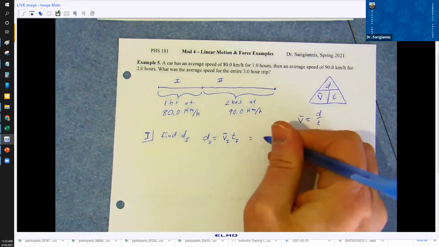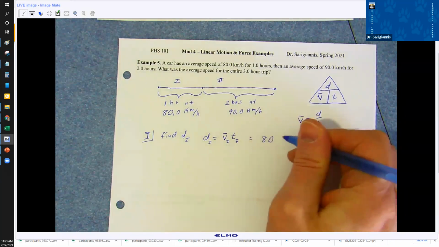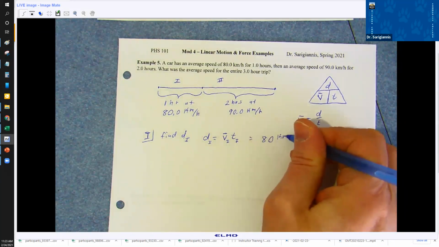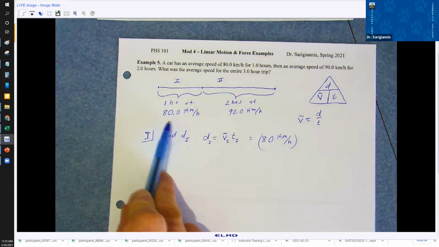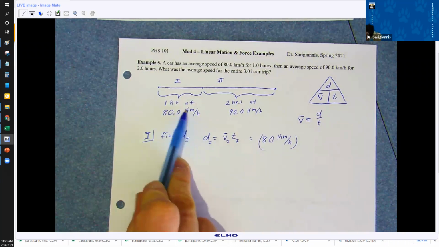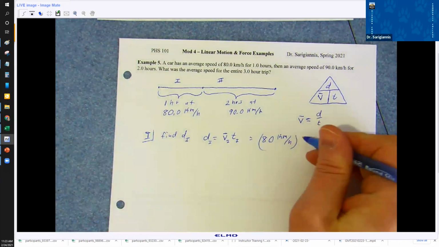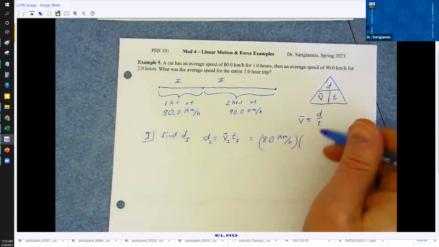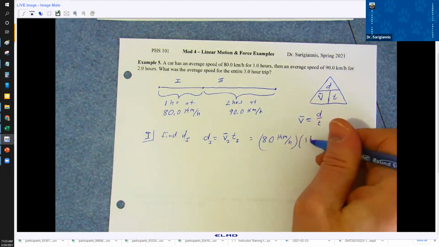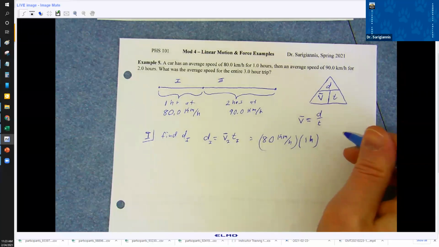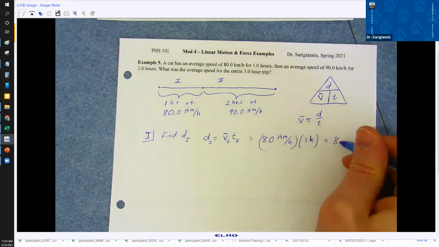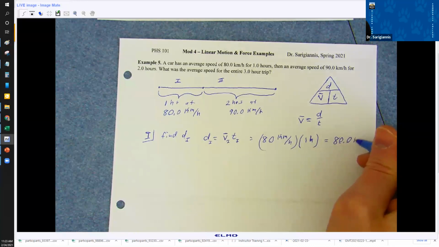This is 80 kilometers per hour. Oh, and one thing you do want to do is check, right? The information we're given, kilometers per hour and time in hours, that's all appropriate, right? For 1 hour, this gives you 80.0 kilometers.